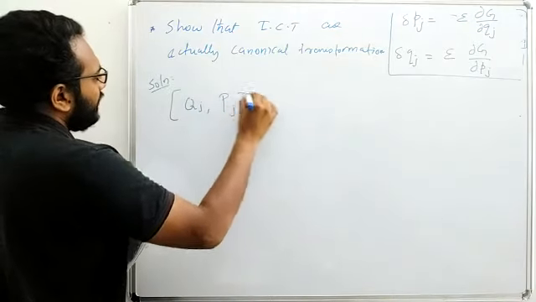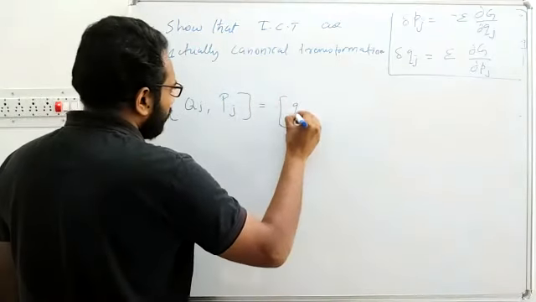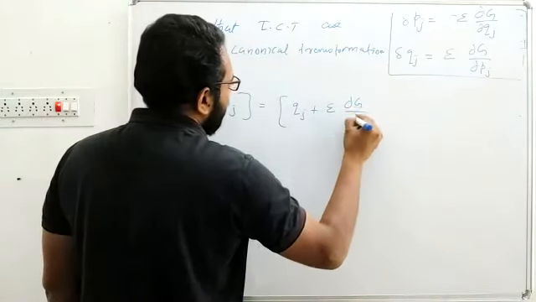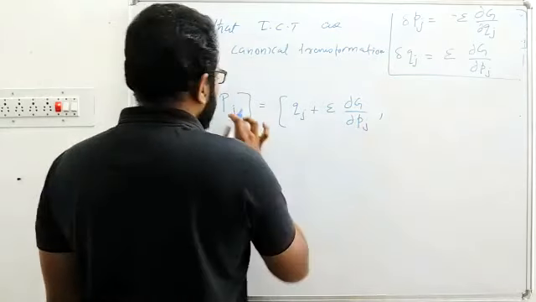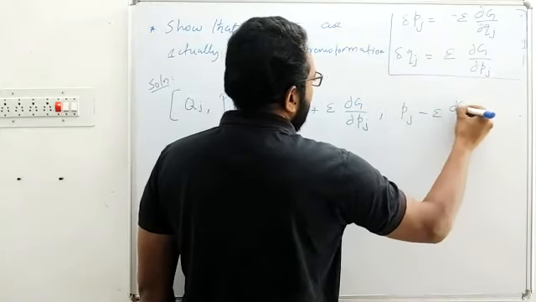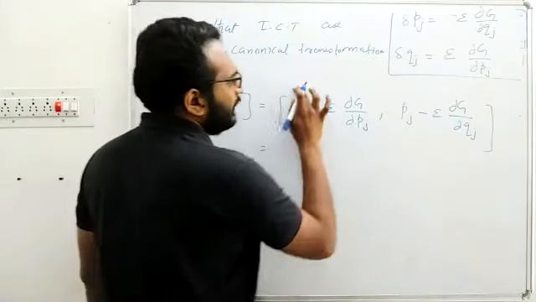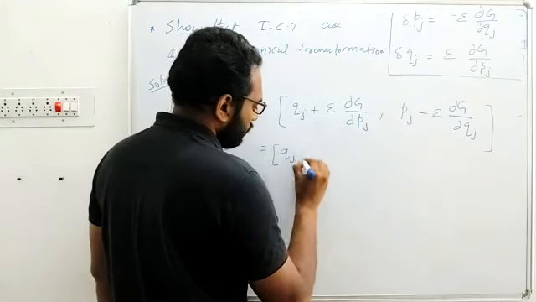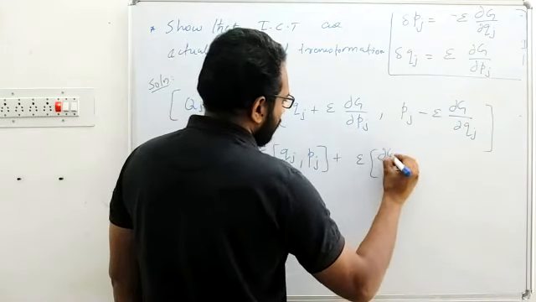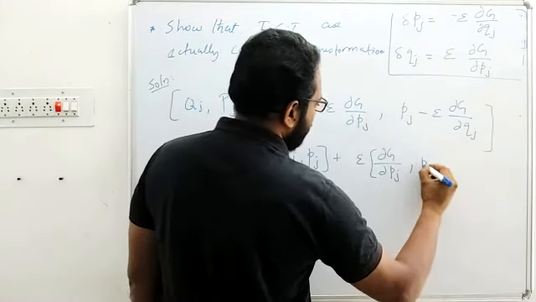Qj with capital Pj. Is this equal to 1? Now this is equal to capital Qj, which is qj plus delta Qj, where delta Qj is epsilon ∂G/∂pj, comma, capital Pj, which is small pj plus delta Pj, that's equal to minus epsilon ∂G/∂qj. Now we immediately have qj with pj, plus epsilon ∂G/∂pj, comma, pj.